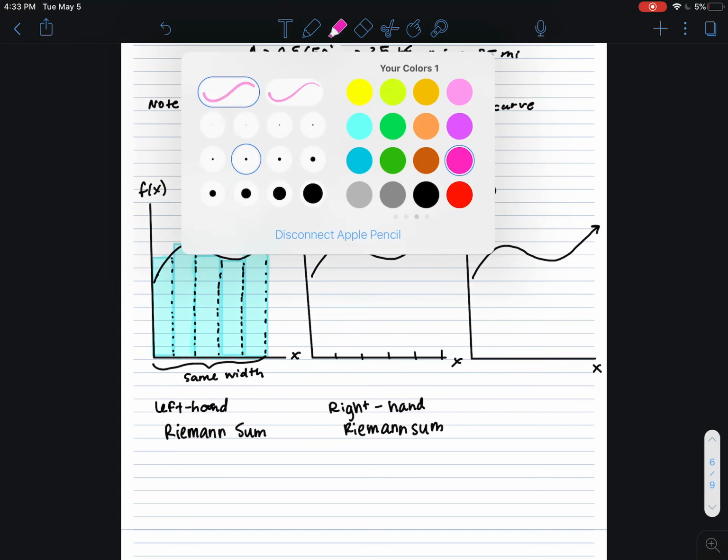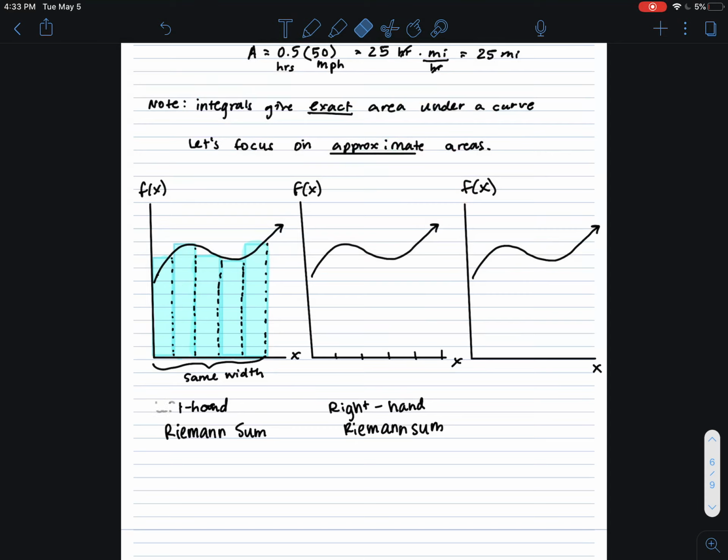Oh, sorry, guys, I'm sure that you're confused. This is a right-hand Riemann sum, because these are on the right side, not the left side. My bad. Okay, now we're doing the left-hand Riemann sum.